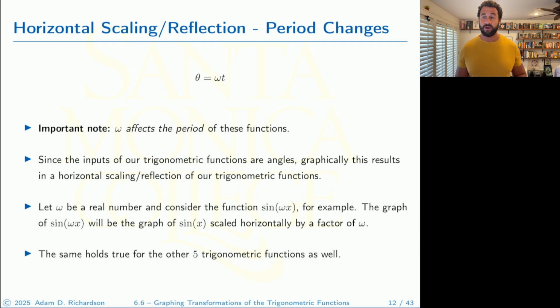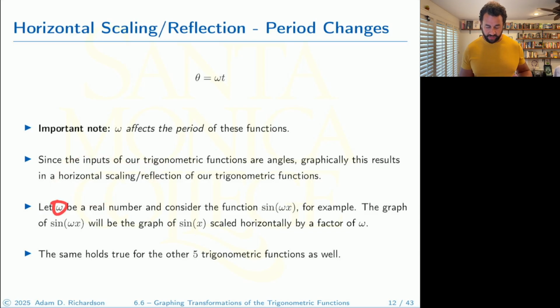And that means that our graphs are going to get squished, right? So if the angular speed is very large, then the period of the resulting function is going to shrink in size, because it's going around really, really fast. And that results in a horizontal scaling.